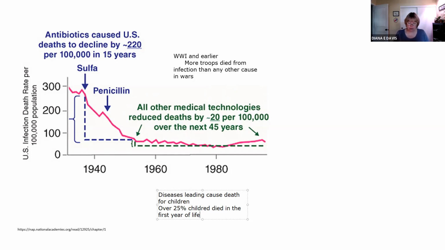Nearly half of all children died before adulthood, adulthood being usually considered 16 or 18, depending on the time period. But you're getting the idea. Huge numbers of children dying from infections because they don't have a fully developed immune system yet.